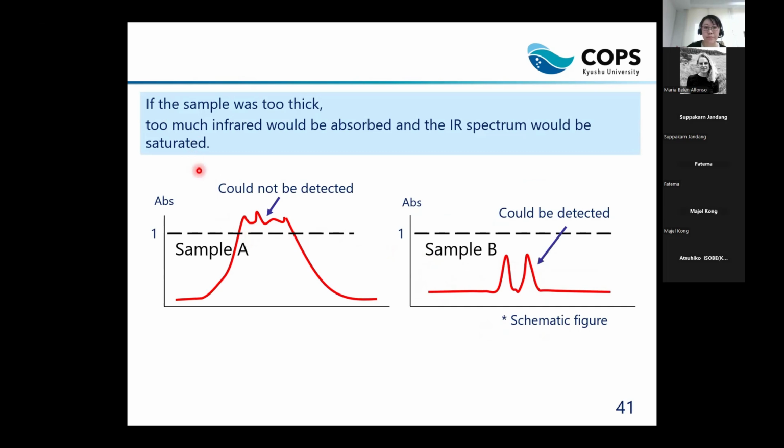For example, if the sample thickness is very large, all of the infrared can be absorbed by the sample, so the spectra can be saturated. So you cannot detect the specific peaks. So the sample thickness should be thin enough. And these are schematic figures of the spectra when the sample is too thick and the acceptable case.